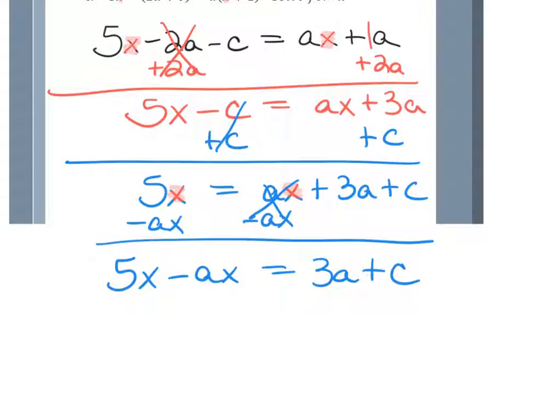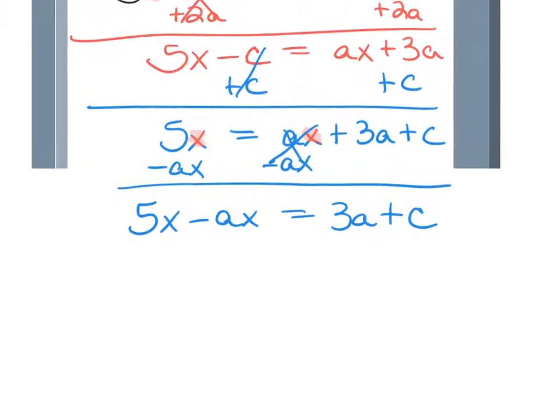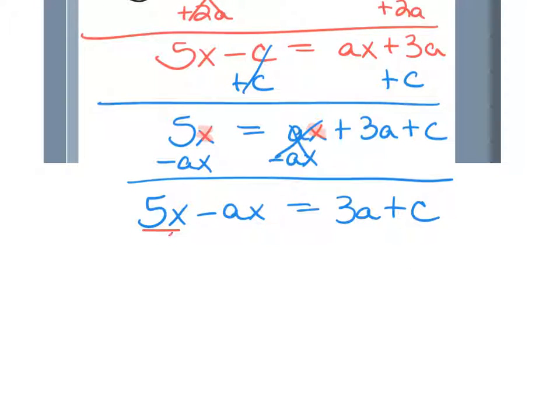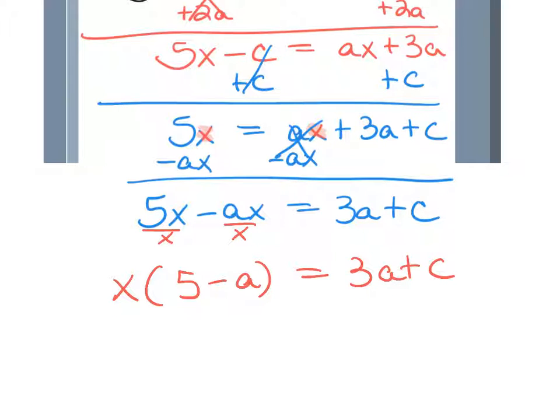I need to get x all by itself. So the way that I'm going to do that is I'm going to factor out a greatest common factor of x. So if I divide both of these by x, I get x is equal to 5 minus a. Now to isolate a, because it's being multiplied by that quantity of 5 minus a, I just have to divide both sides.